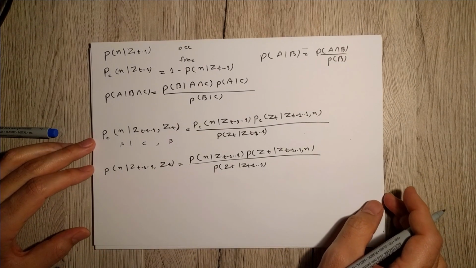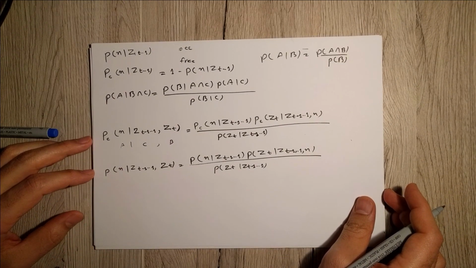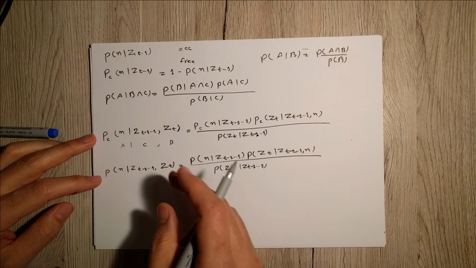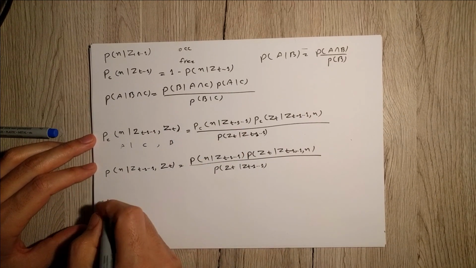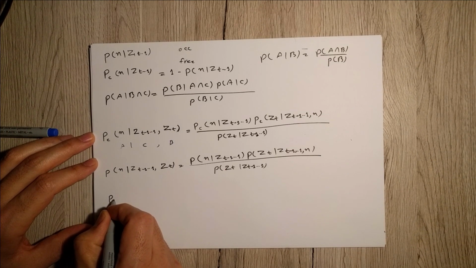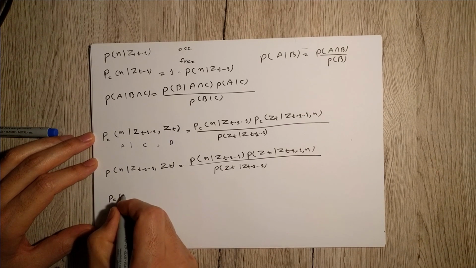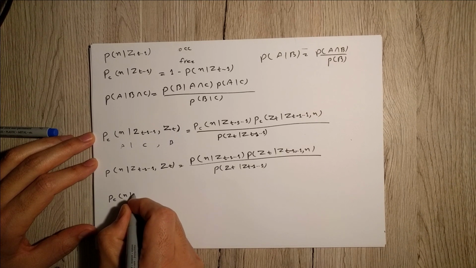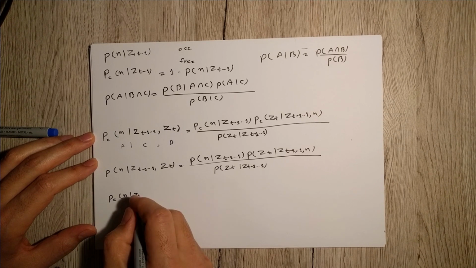Okay, and if I divide these two terms over each other, this over this and this over this, I will have the probability of n to be occupied after t time measurements.